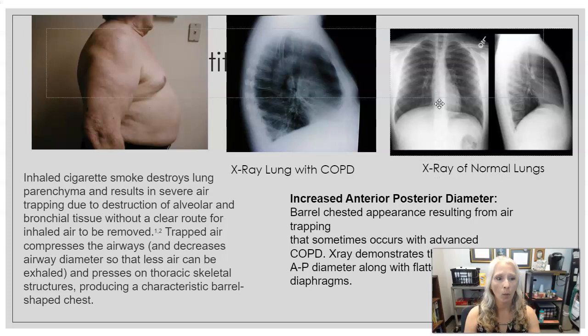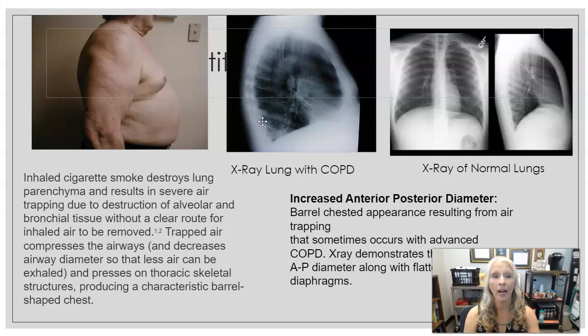So I grabbed a normal x-ray because I wanted you to see the difference. Okay, first of all, it's very convex. You can see that the diaphragm really reaches up into the lung so that when that diaphragm drops and flattens, you're creating that negative pressure that draws the air into the lungs. There's no really place for this muscle to go when it contracts.